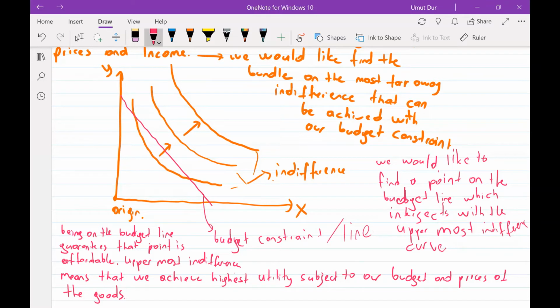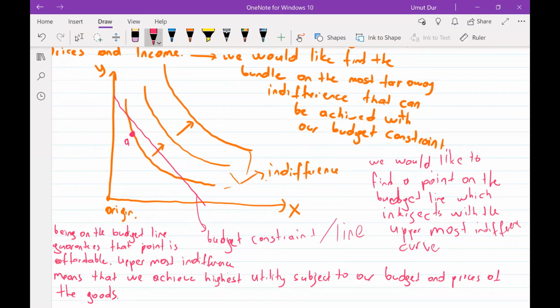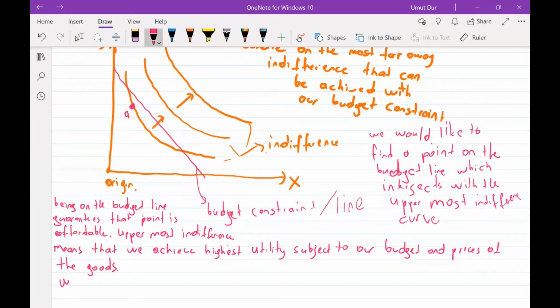Let's take this point. This point A is on an indifference curve, but we can do better than point A. The reason is we have more money, so it is not on the budget line.